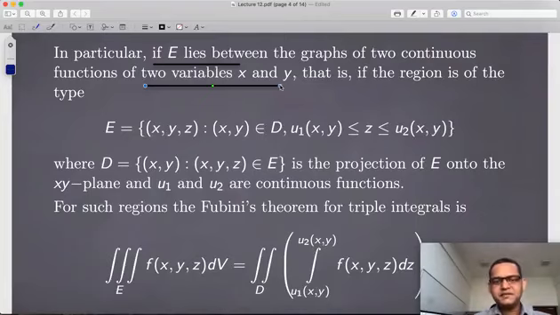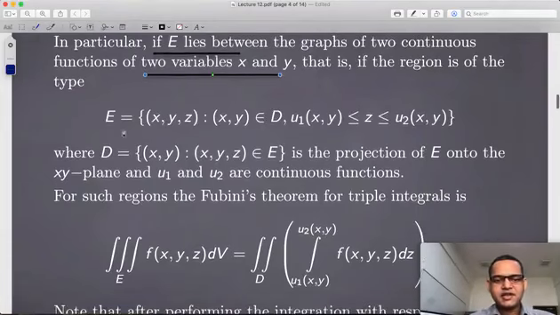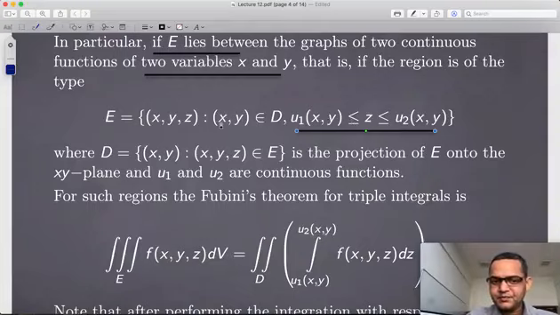If our region is lying between two surfaces, because any function of two variables gives rise to a surface, then one component, let us say z, is lying between two surfaces, and then xy is varying over a domain in the xy plane. Such regions we can handle, and we can compute the triple integral over such regions.